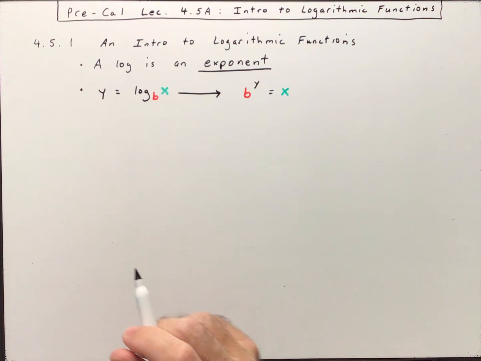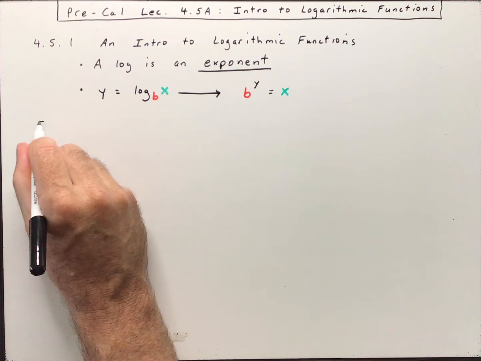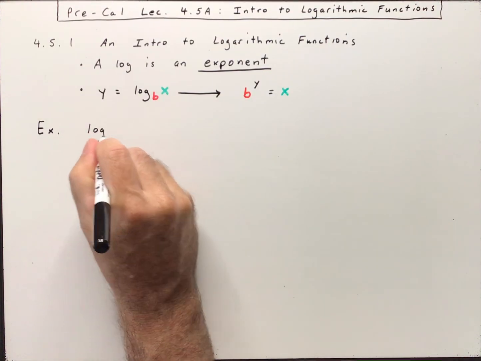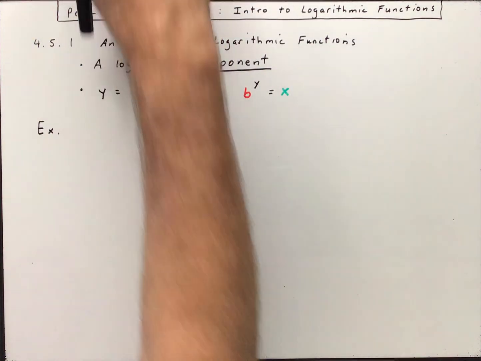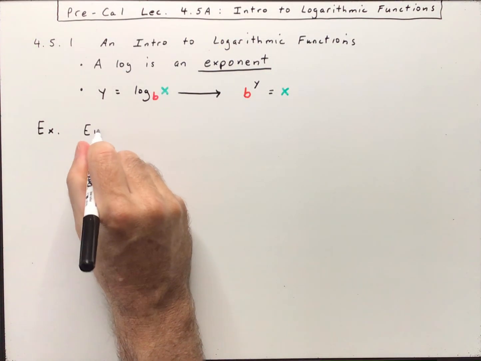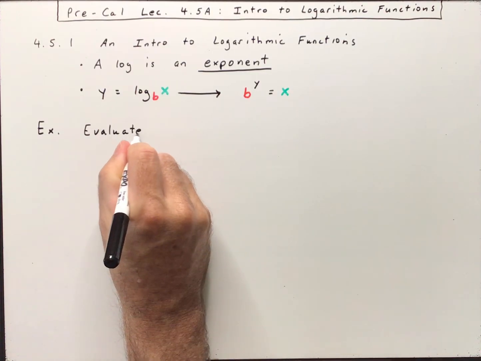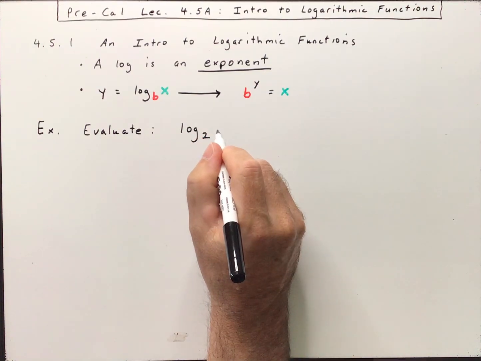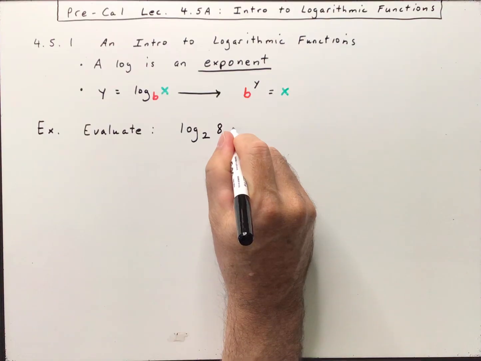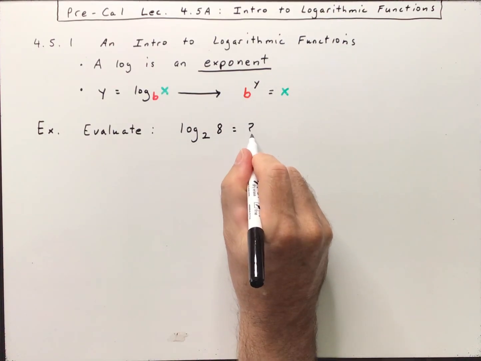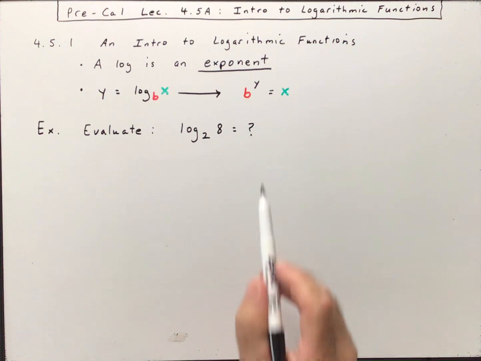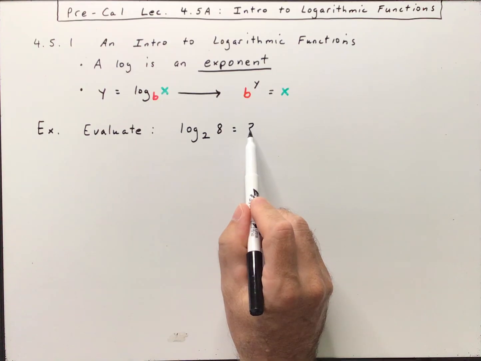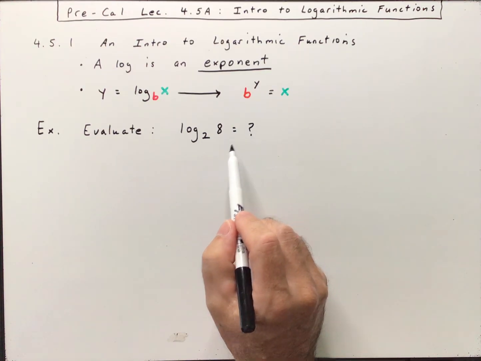So let's do some examples here. Let's say we want to evaluate log to the base 2 of 8 is equal to, and I use a question mark instead of an x. So this is the exponent. We're solving for what is the exponent.